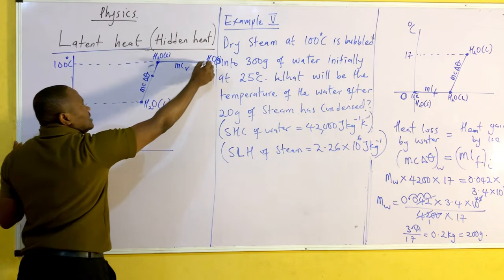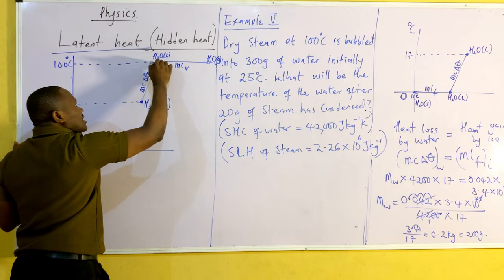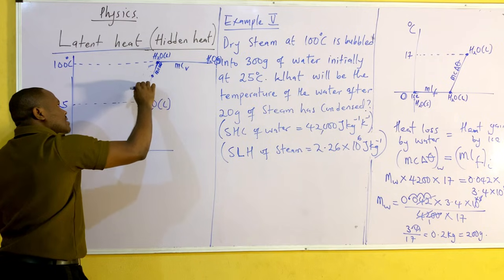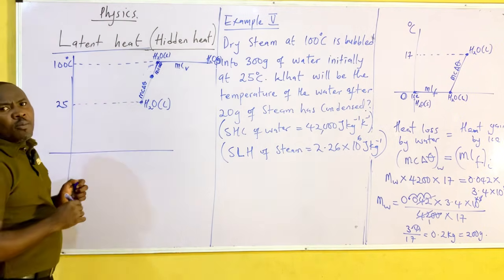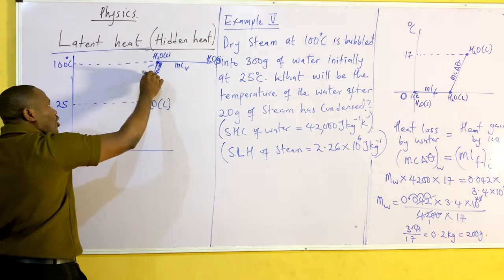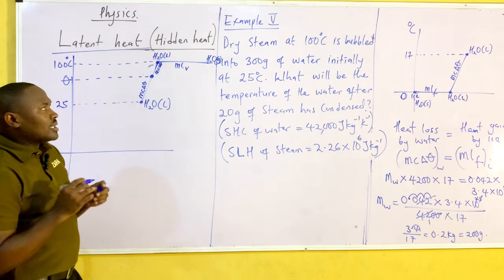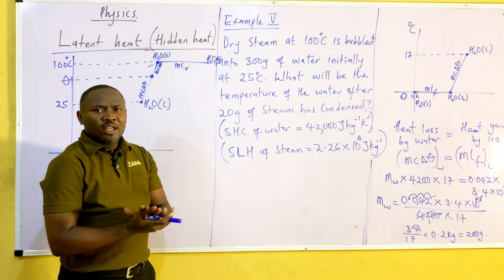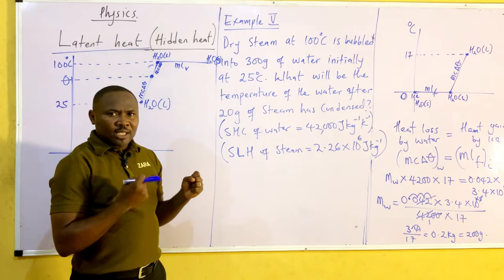So I have this coming from here to here, having mc change in theta, while this is also rising as mc change in theta. There is a meeting point somewhere, but I cannot tell where that meeting point is. So it's the temperature of that meeting point that we are looking for. I explain again that when you bubble steam into water, the steam will lose temperature while the water will gain temperature.